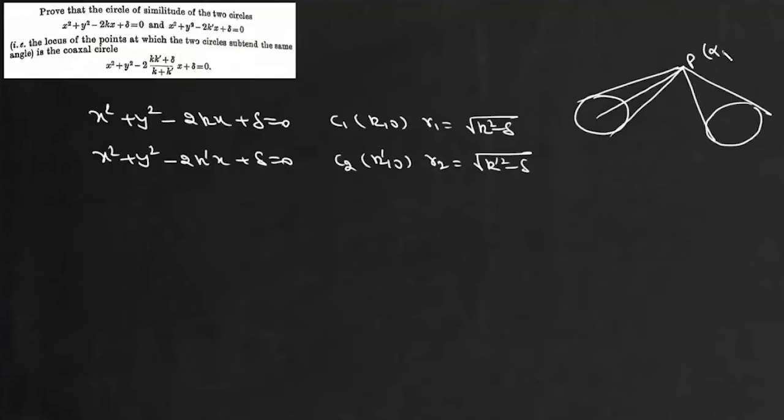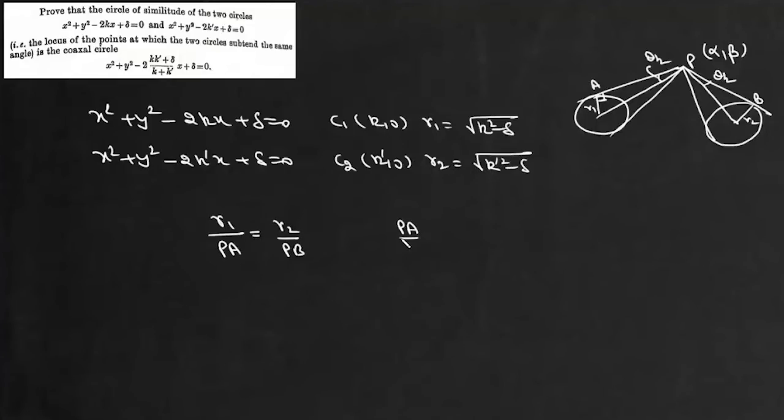Now suppose this point is alpha beta. Now if this is theta, then this is theta by 2, and here also this is theta by 2. Now this is R1 and this is PA, and this is R2 and this is PB. Then we can write tan theta by 2 as R1 upon PA, and that will be equal to R2 upon PB.